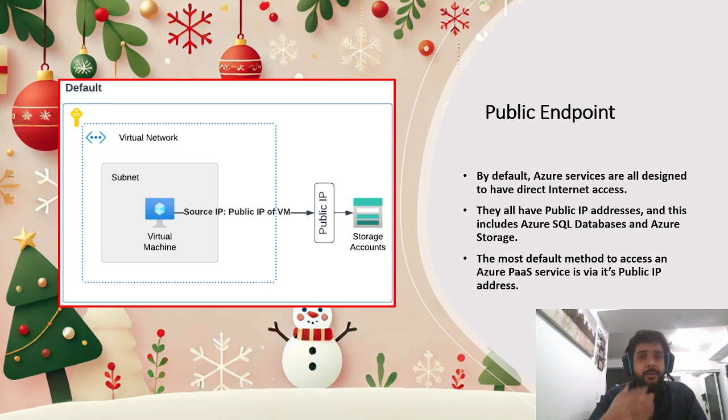Now, before we get into the traditional ways of securing Fabric, let's just talk a little bit about public IPs, public endpoints, private endpoints, service endpoints, right? So by default, Azure services are all designed to have access to the internet, right? So if you spin up a virtual machine, and even the virtual network, when you spin up a VNet, you get a basic NSG, a network security group that has allow outbound, right?